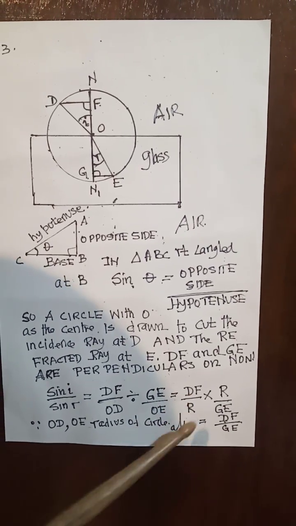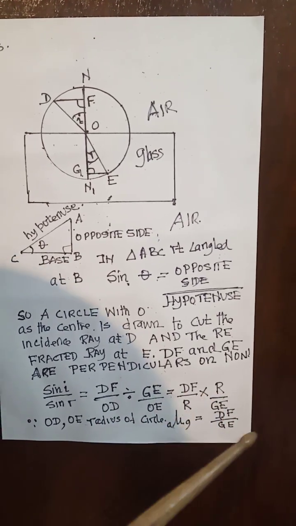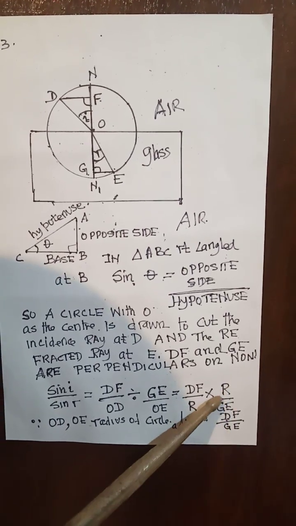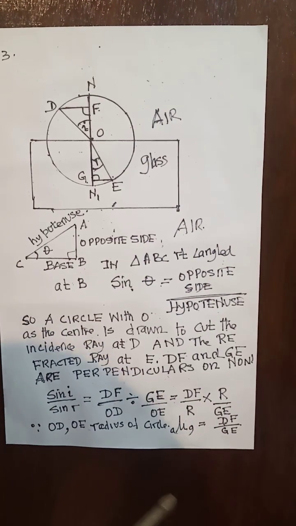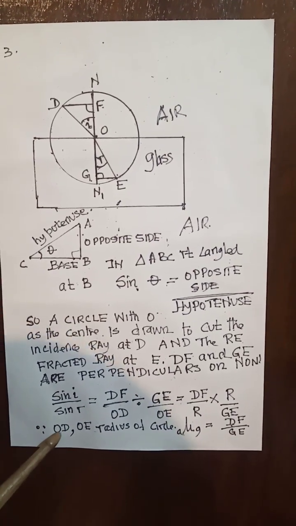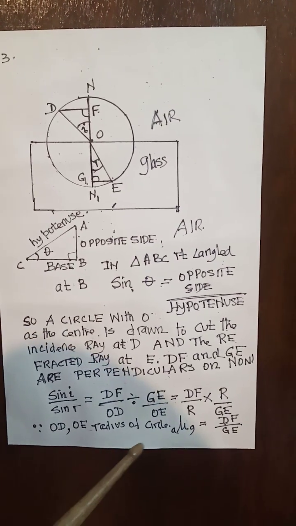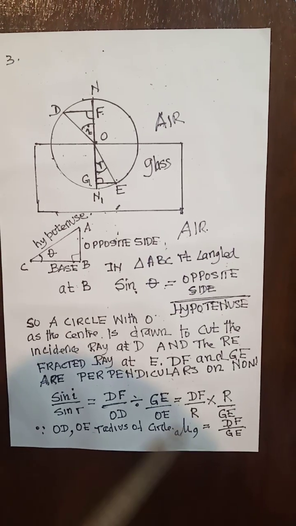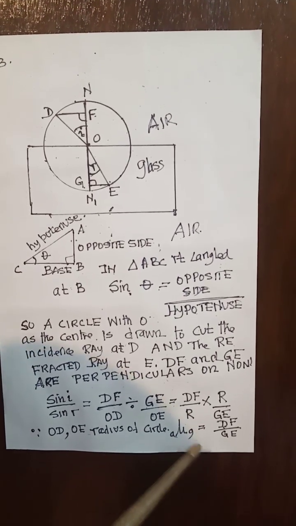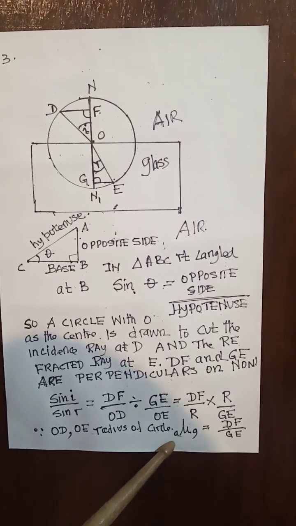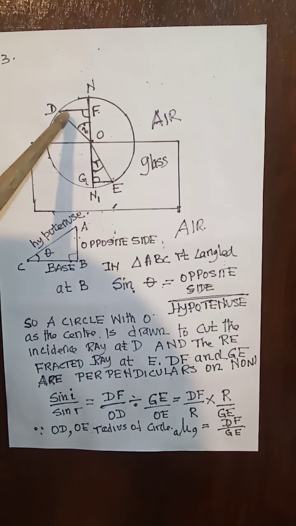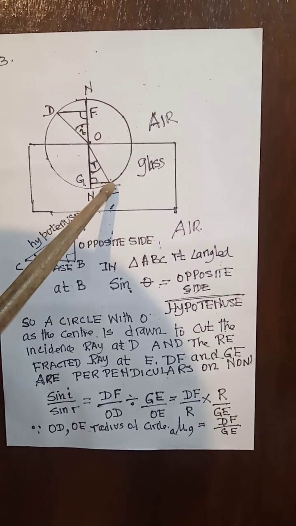So DF by R into R by GE. R, they get eliminated. OD, OE are radius of the circle. So finally, mu of glass with respect to air is equal to DF by EG.